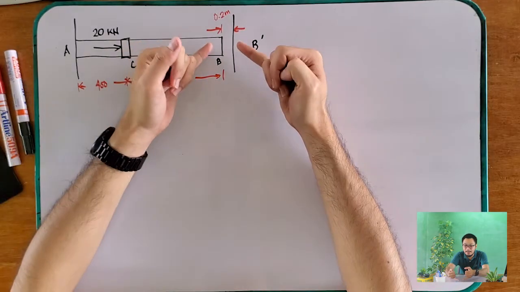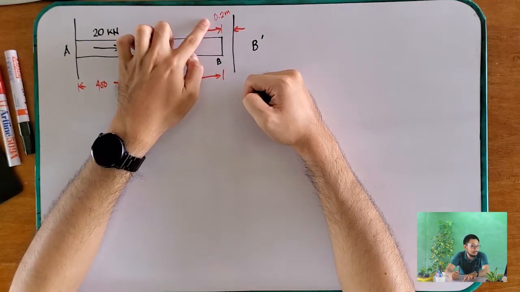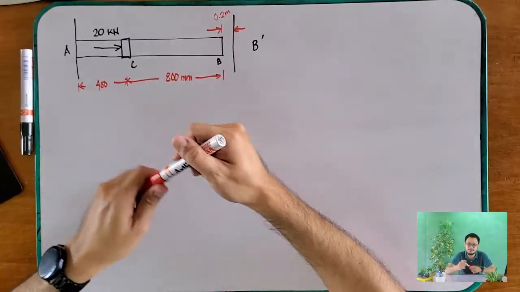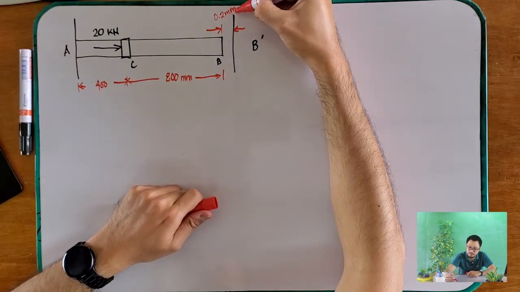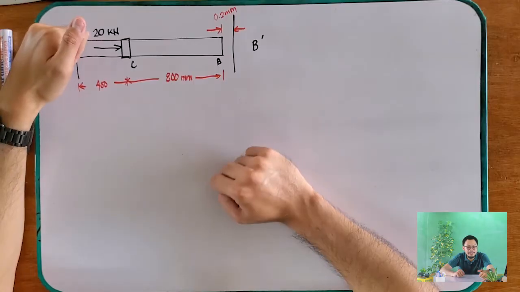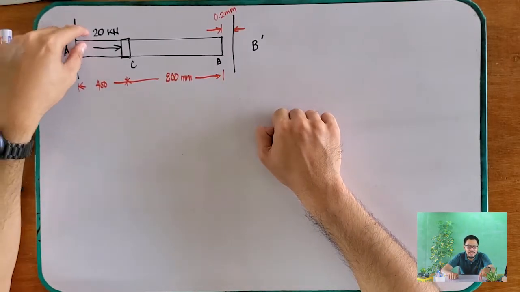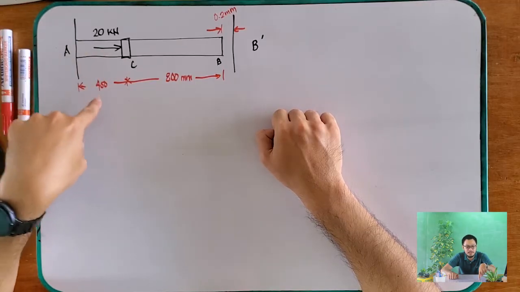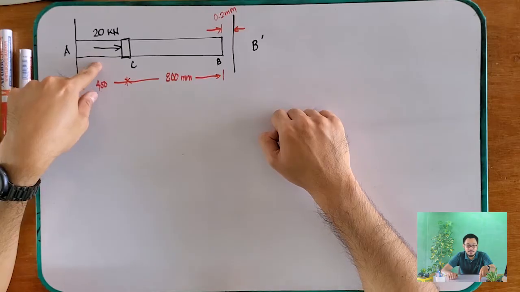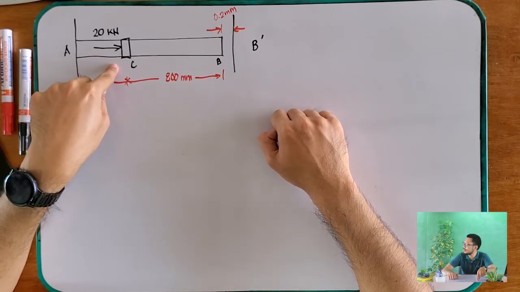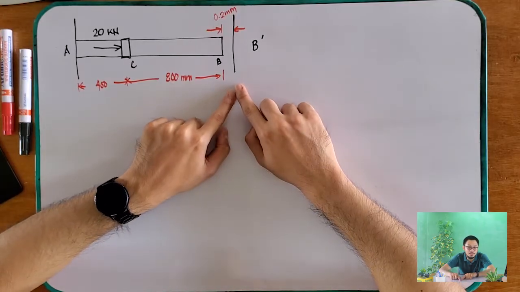Pero naa siya gap of 0.2 millimeters sa ani nga wall. Okay? And there is a 20 kilonewton force applied at point C, which is 400 millimeters from point A. And it is assumed nga inig-push nimo aning 20 kilonewtons, musangko na siya diri sa atong wall sa B prime.